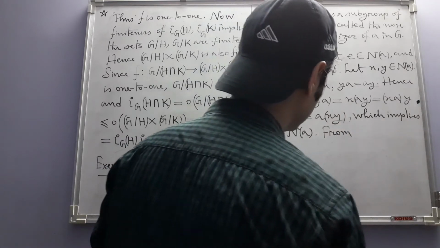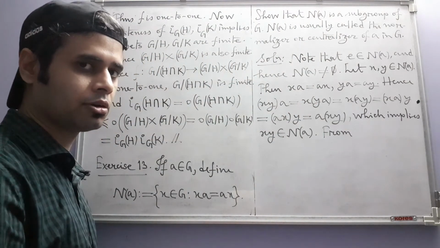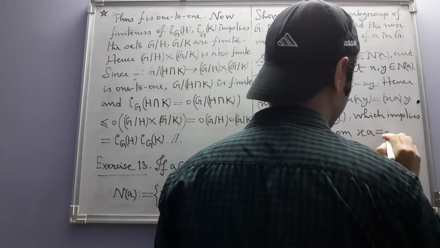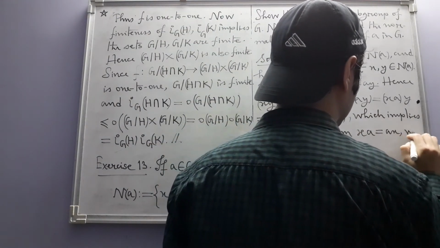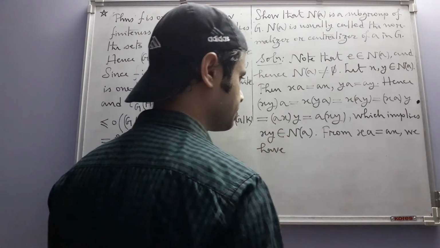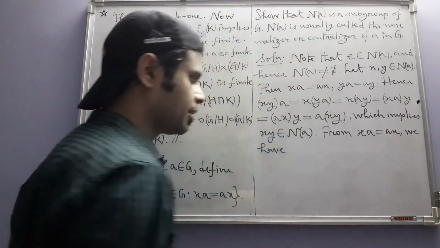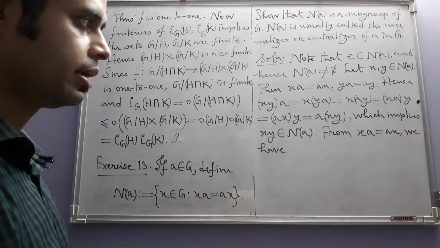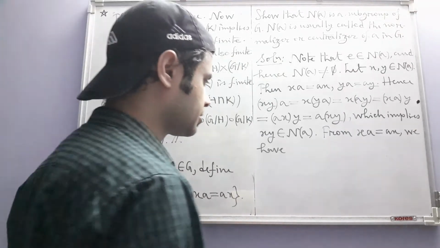Now we have to prove that X inverse also commutes with A. From XA equal to AX, we can multiply on both sides of this equation from, say, the left-hand side by X inverse.